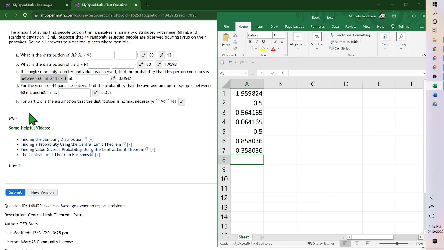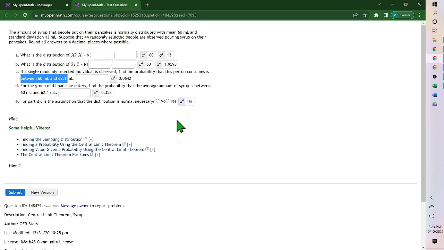That gives .358. For part D, is the assumption that the distribution is normal necessary? No, it's not necessary because the sample size is greater than 30.